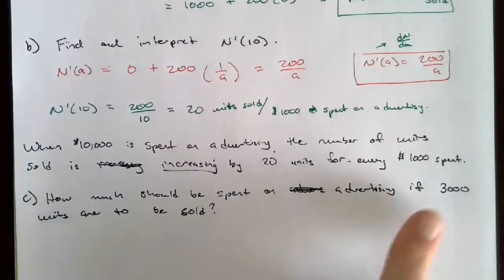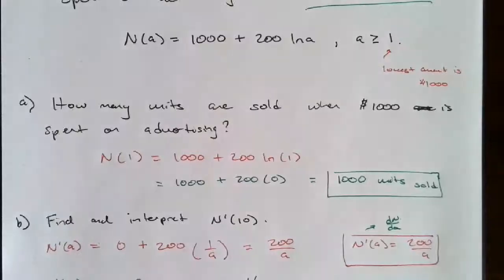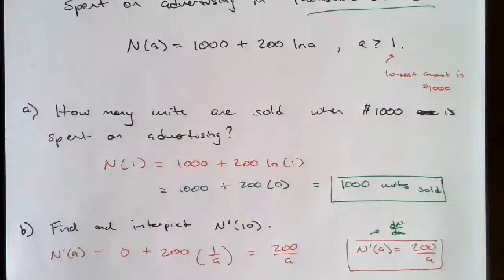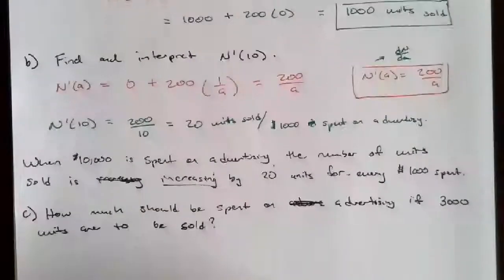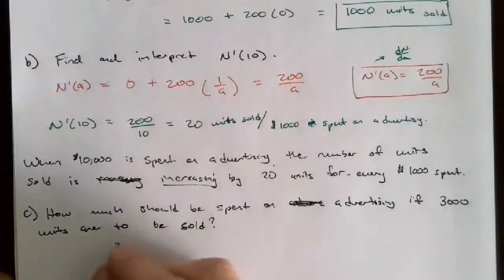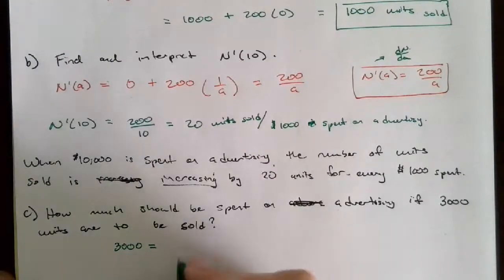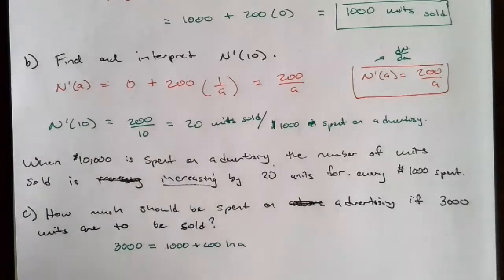Well, the 3,000 is telling us that we want this side of the equation, the N of A, the number sold, to be 3,000. So we're going to really solve this for A. Here we would have 3,000 is equal to 1,000 plus 200 natural log of A. To solve this, we're going to subtract 1,000 from each side, because you want to isolate that log term.